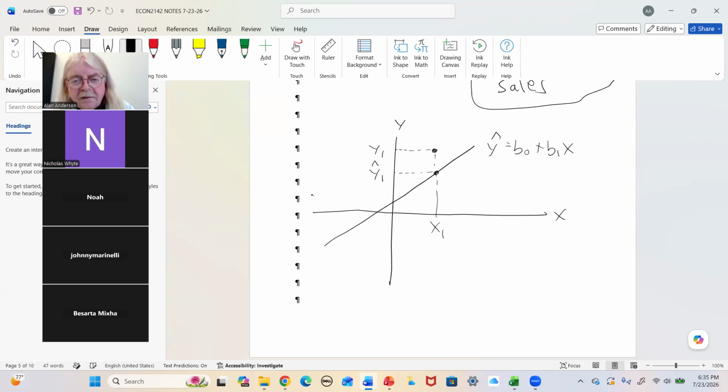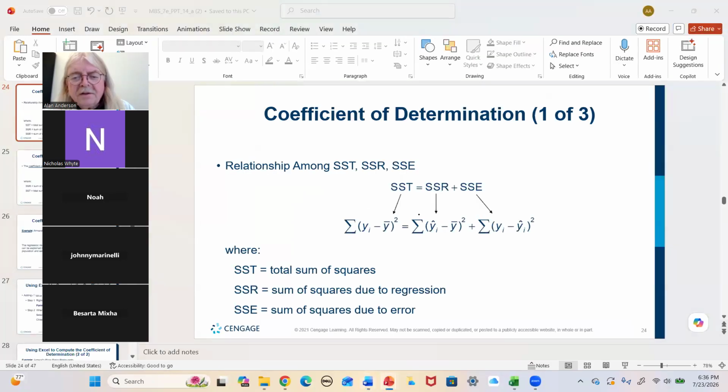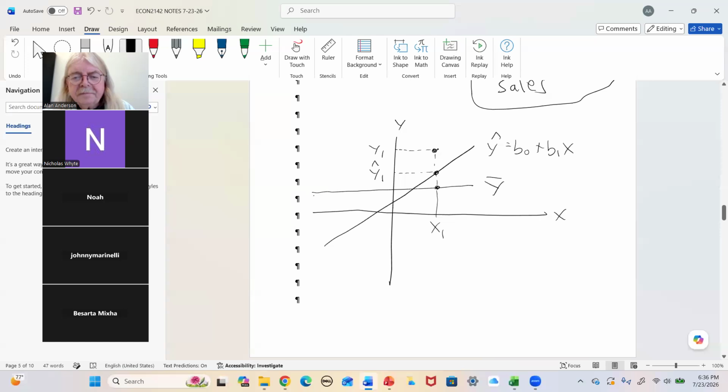They're also going to sneak in here a bar. Okay. So now we've got more distances to look at. And so what they're saying here is that if you were to do this for every x and you square the differences, that becomes y1 minus y bar. This is now y1 hat minus y bar.